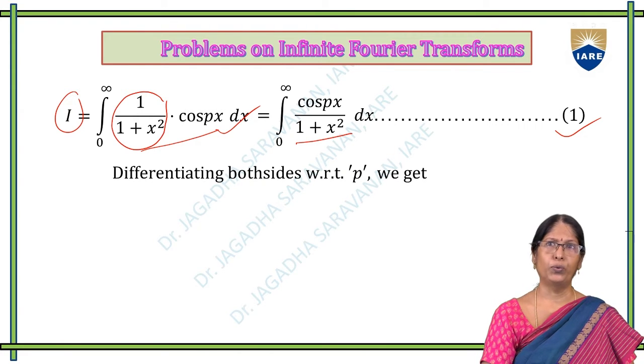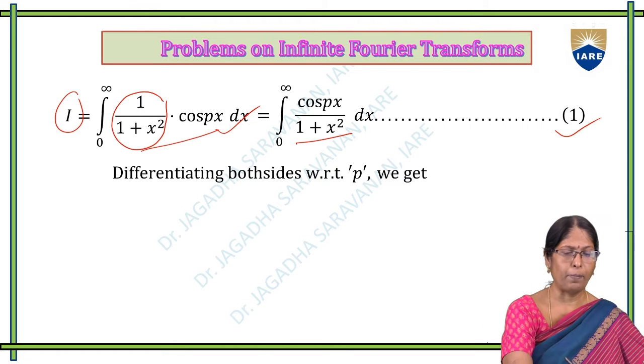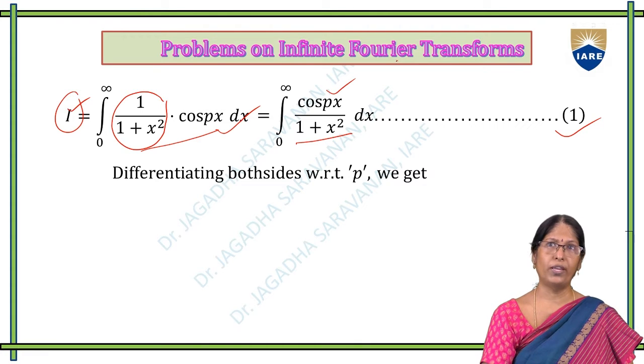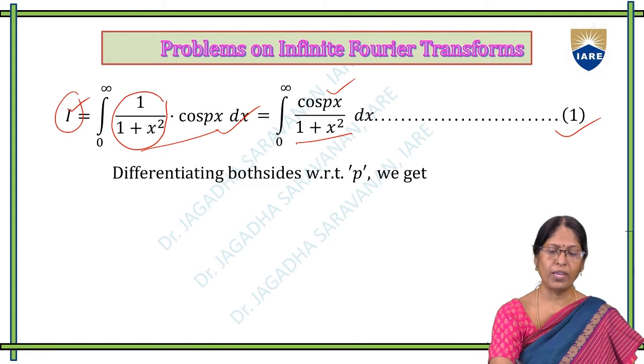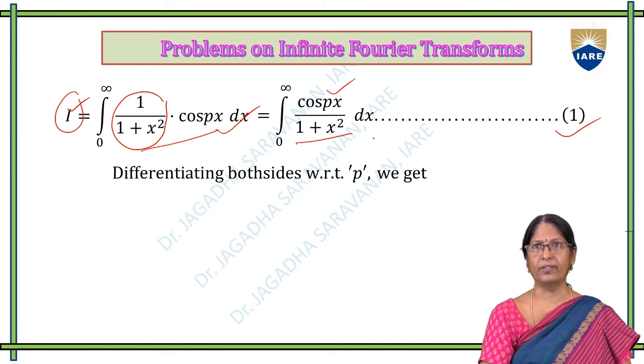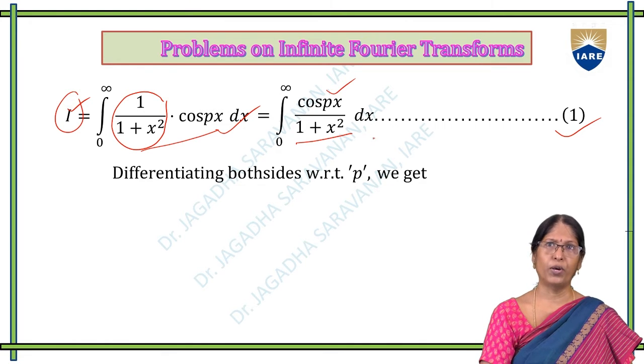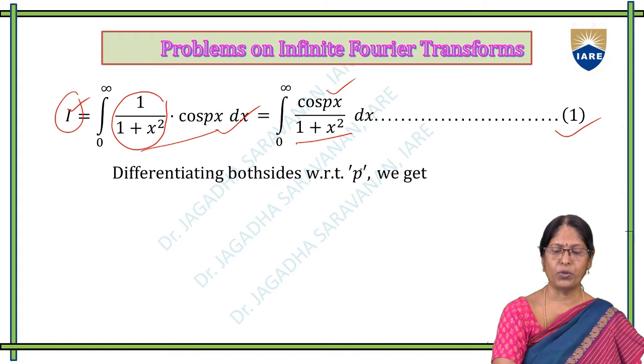We are going to differentiate. Capital I equals the integral from 0 to infinity of cos px by 1 plus x square dx. On both sides we are going to differentiate with respect to p.